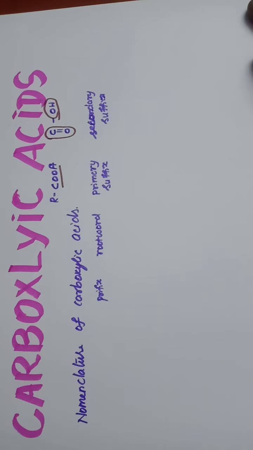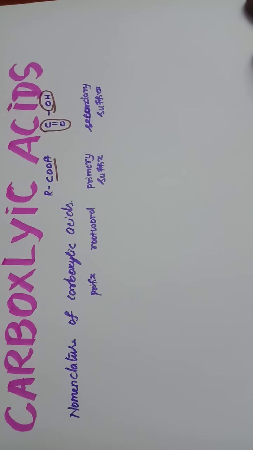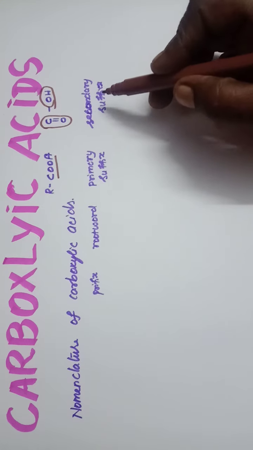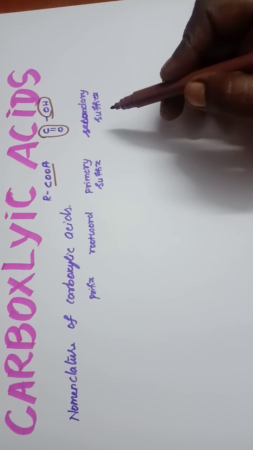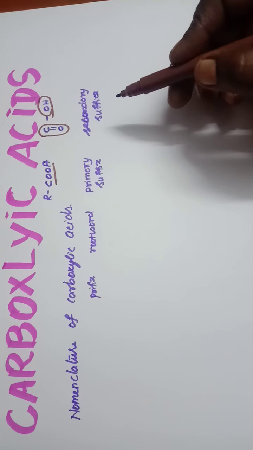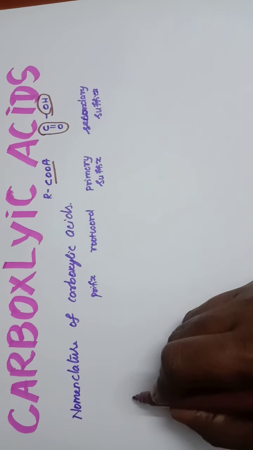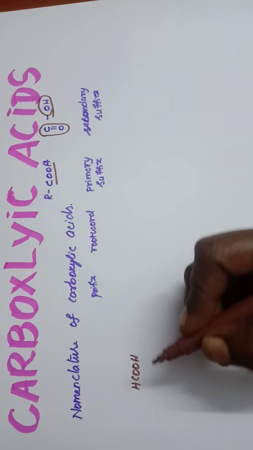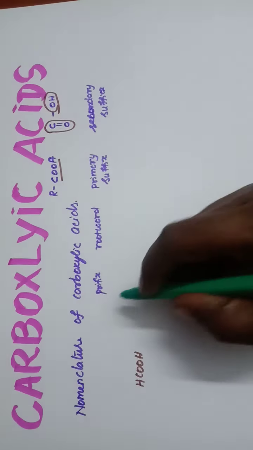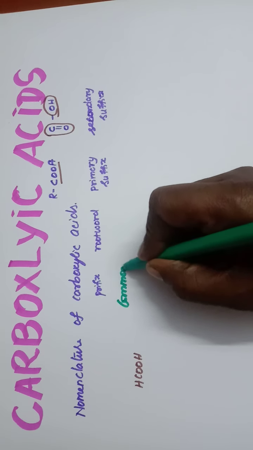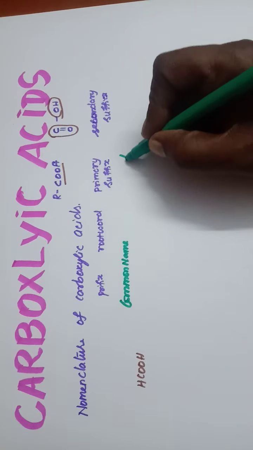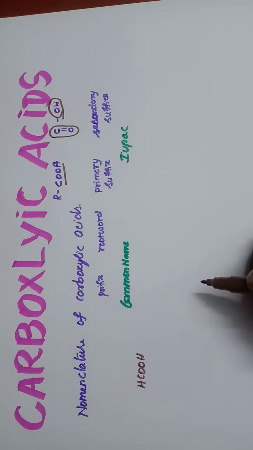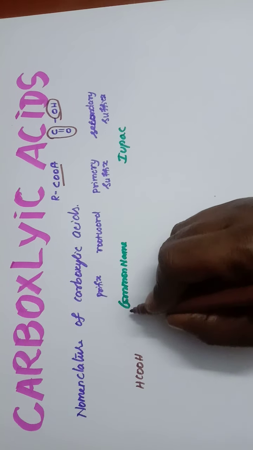Let us learn the nomenclature of these carboxylic acids based on the IUPAC rule, that is prefix, root word, primary suffix, secondary suffix. Based on the IUPAC rule, we have to name this compound. The first member of this compound is HCOOH. Common name of this compound is formic acid.